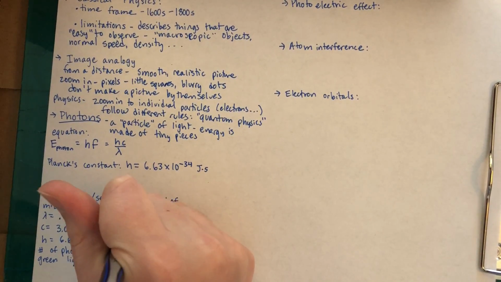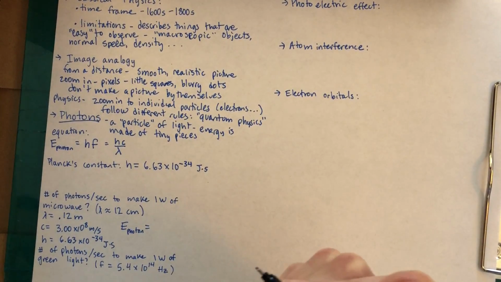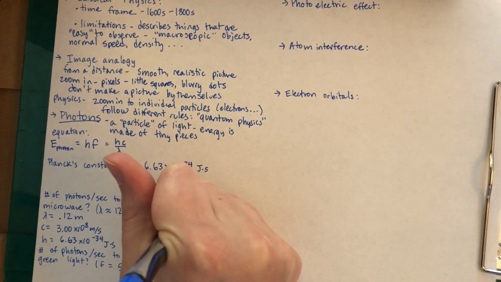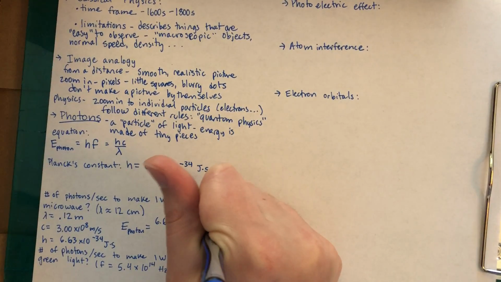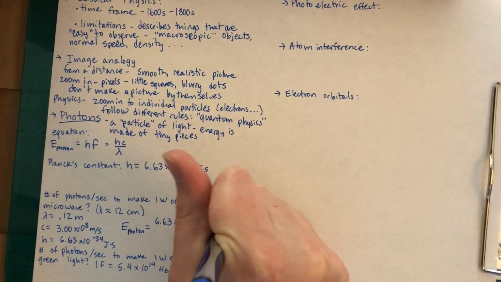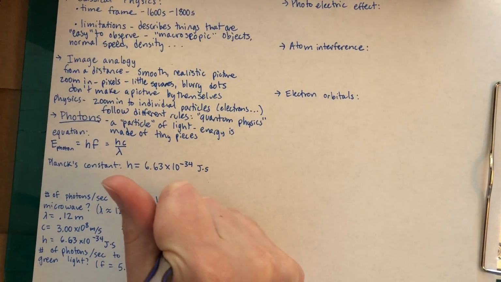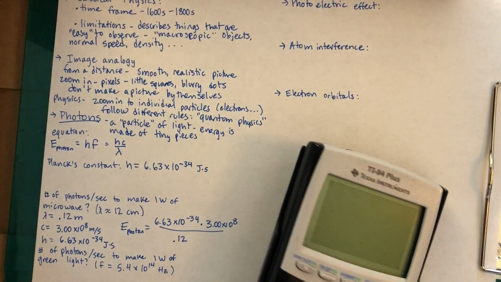So I'm going to do energy of the photon equals 6.63 times 10 to the minus 34 times 3 times 10 to the 8th divided by 0.12. And I'm going to use a calculator to do this. You don't need a graphing calculator.